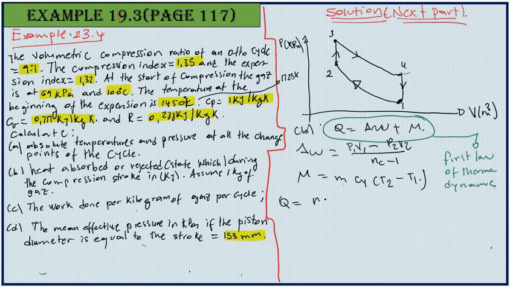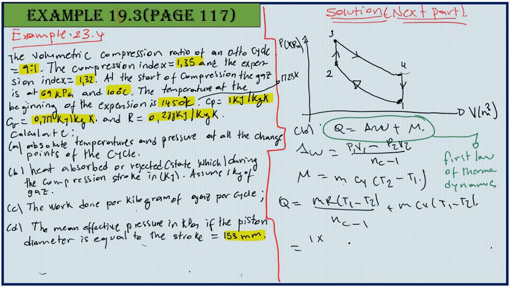So you have mR (T1 minus T2) divided by (NC minus 1) plus mCV multiplied by (T1 minus T2). So we just need to replace. We have the mass, because here it is said to assume 1 kilogram of gas. So the mass is 1 kilogram.